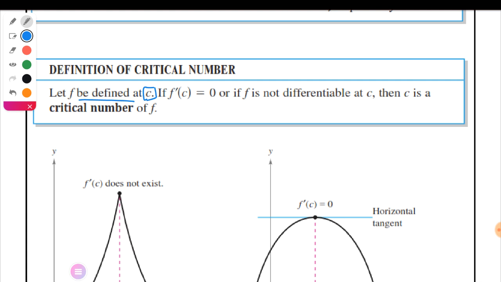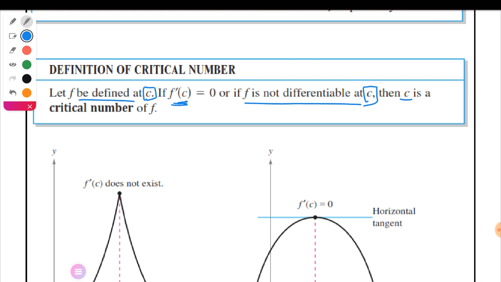If the derivative at the value of x equals C, such that the function is defined at it, equals 0 or not differentiable at x equal C, the function is defined at it or it is in its domain, then C is a critical number of the function f.